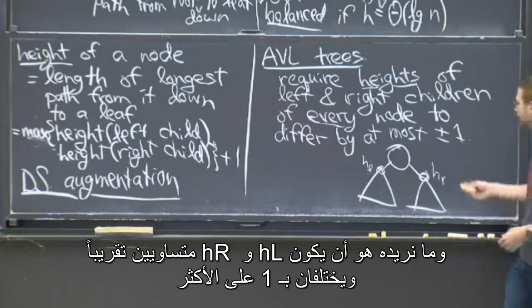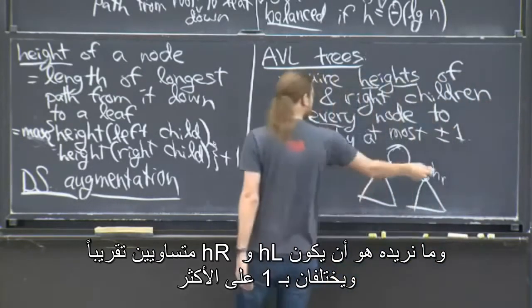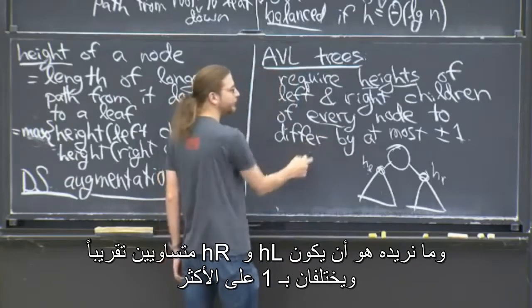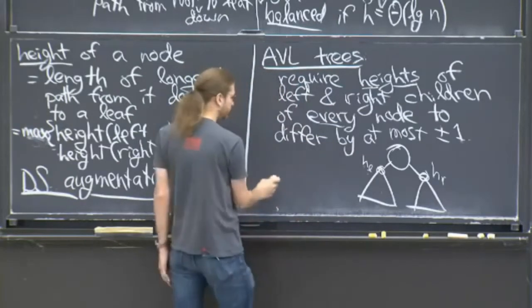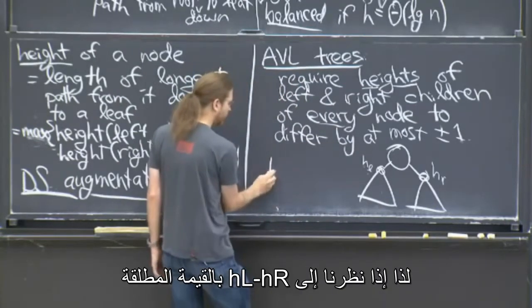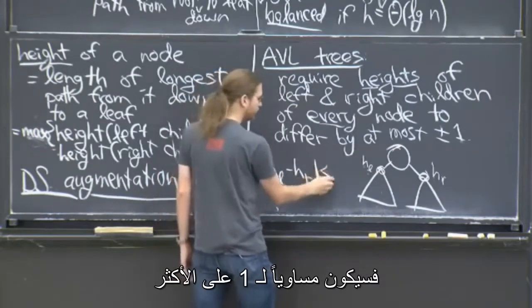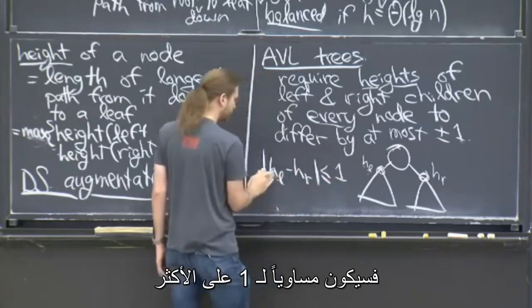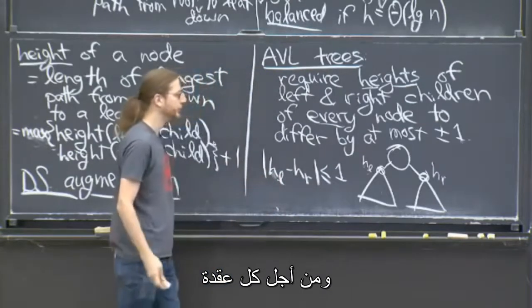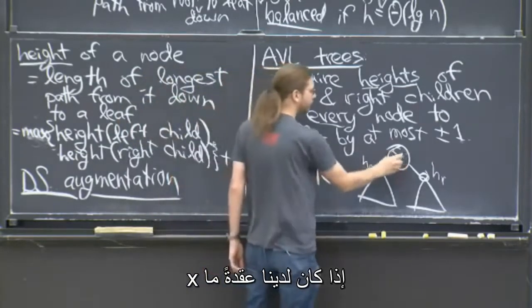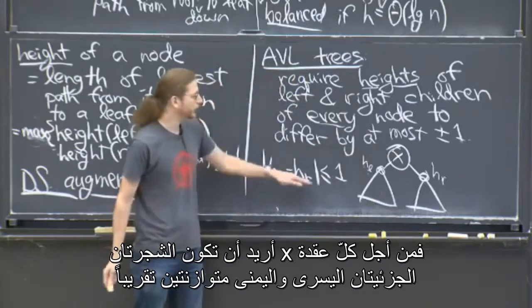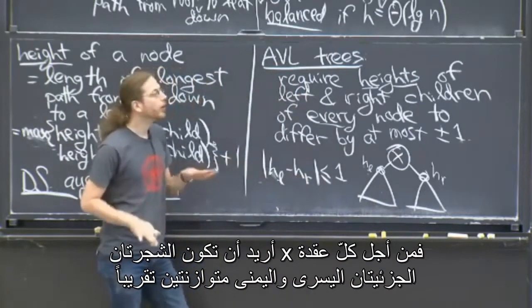What we would like is that H_L and H_R are more or less the same. They differ by at most an additive 1. So if I look at H_L minus H_R in absolute value, this is at most 1 for every node. For every node x, I want the left and right subtrees to be almost balanced.